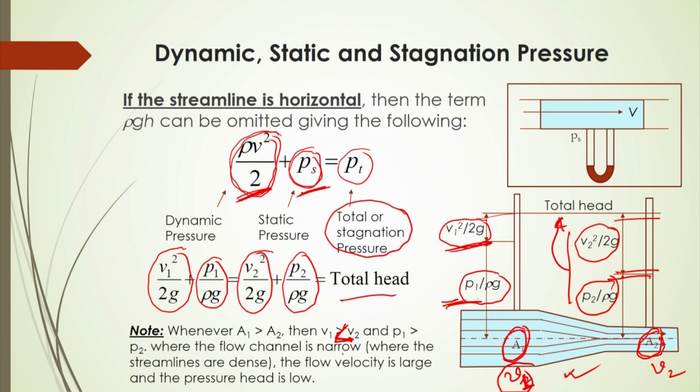So in that case V1 is less than V2, and you can expect that P1 will be greater than P2.